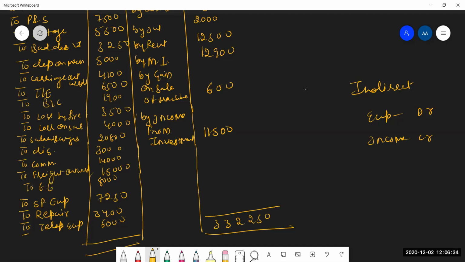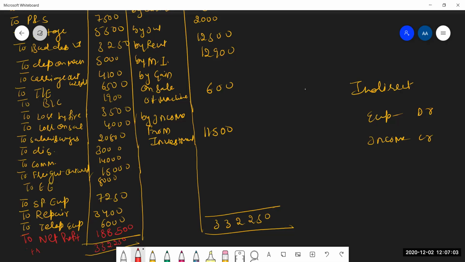And if the balancing figure is coming on the debit side, this will be known as net profit. So I will be writing here to net profit, and the balancing figure is 1,88,500. So 3,32,250. Clear? This is the balancing figure, and this is the net profit. Further, this net profit will be added in the capital account.